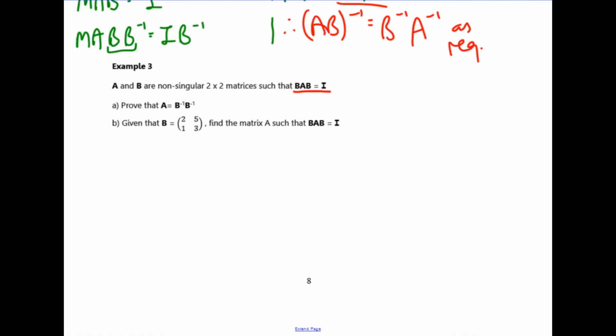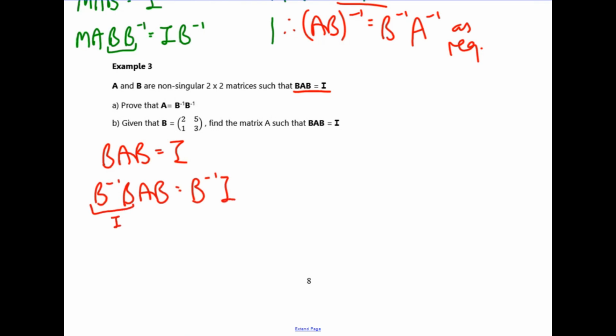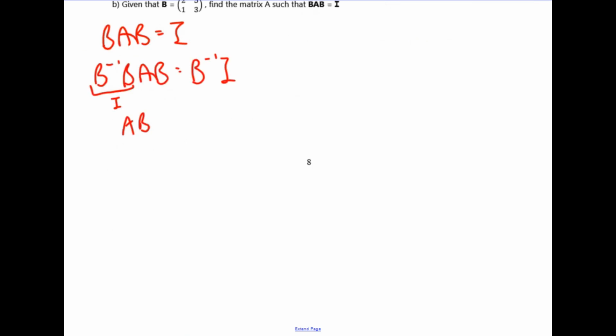This example 3, it tells us that BAB is equal to I. And first off, wants us to prove that A is equal to B inverse squared. So starting off with BAB equals I, I'm going to times by B inverse on the left. B inverse B gives you I. Cancels out essentially, and you just get left with AB on the left.